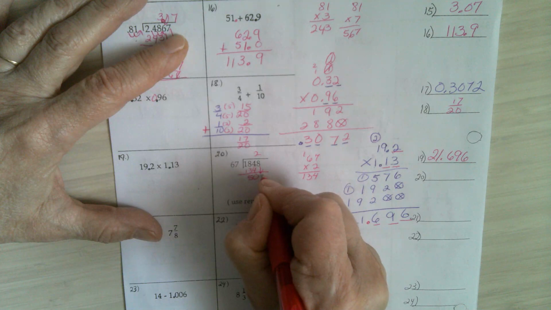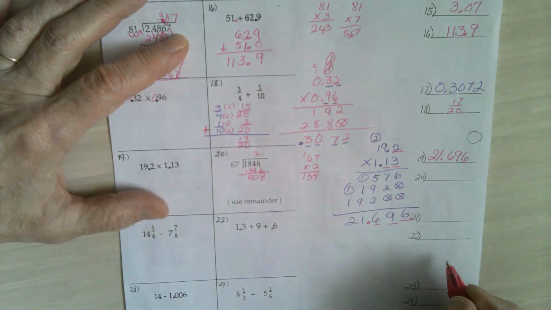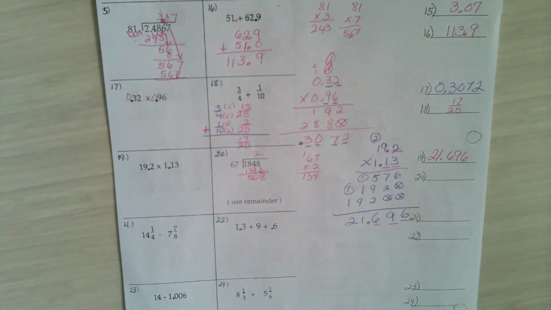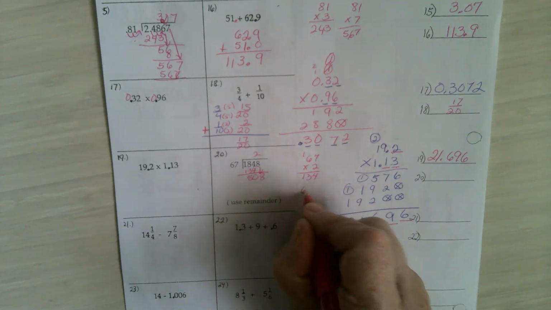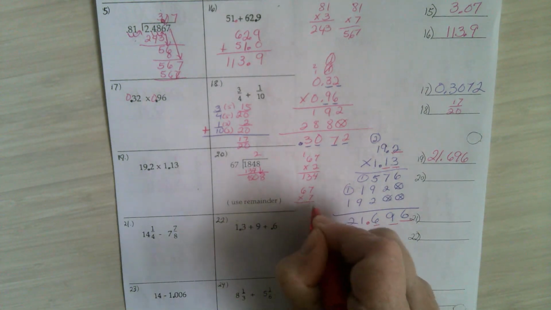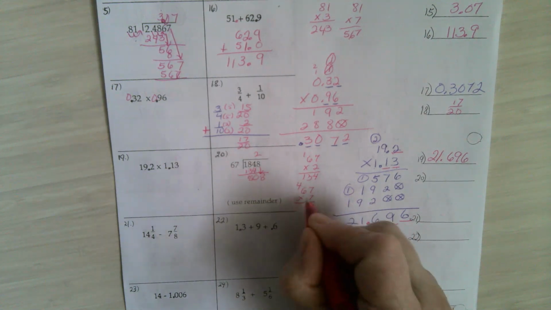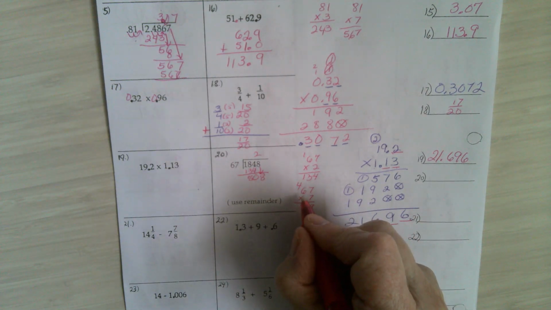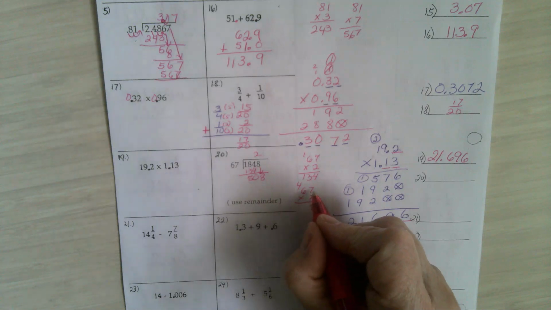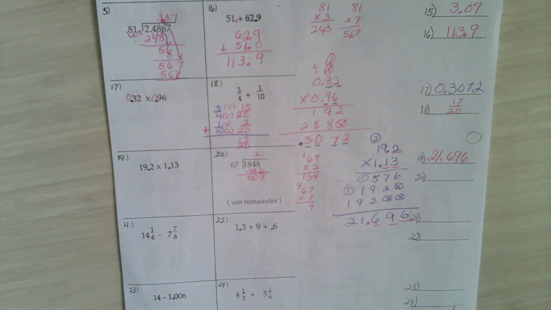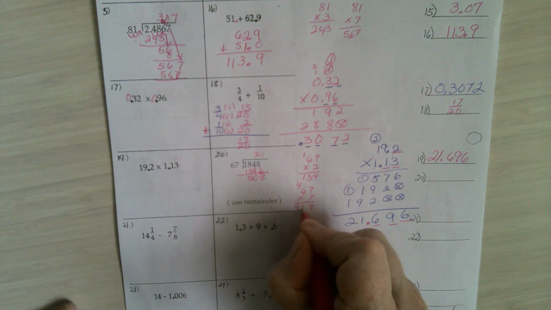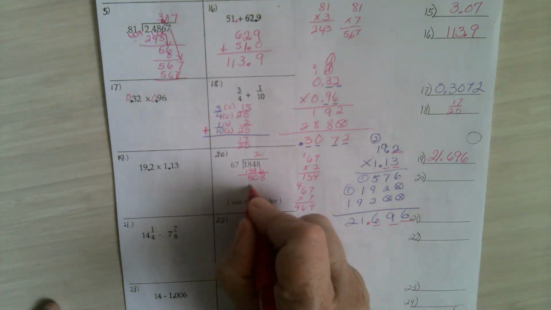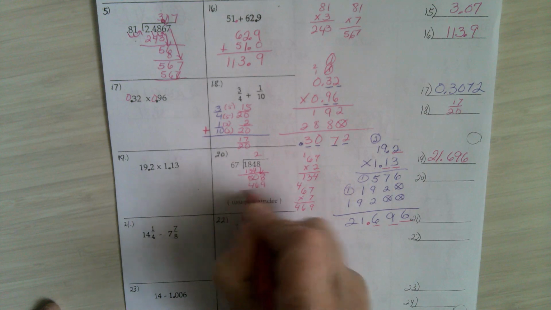Bring down. 67 will go into 508 7 times, I think. Let's see. 67 times 7. That will be 7 times 6 is 42, plus 4 is 46. Yep, that fits underneath there.